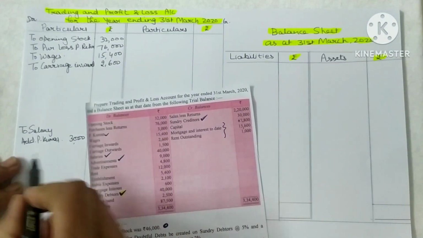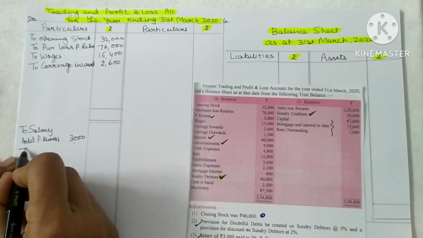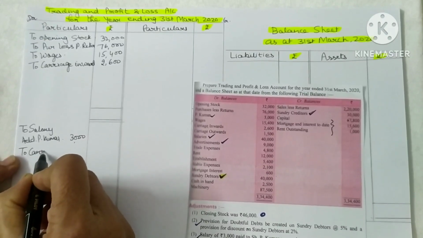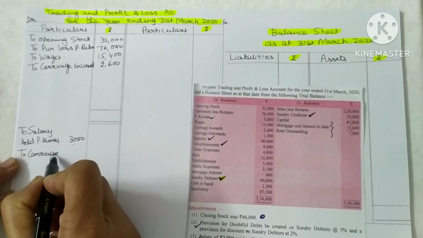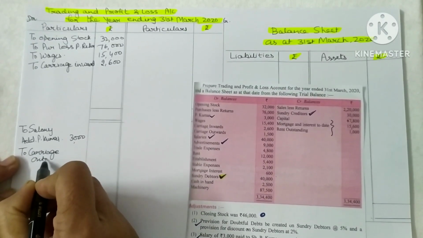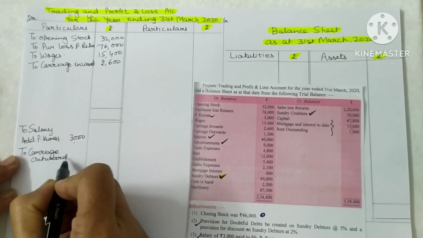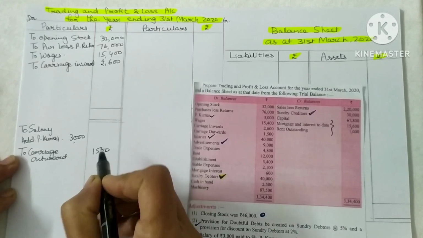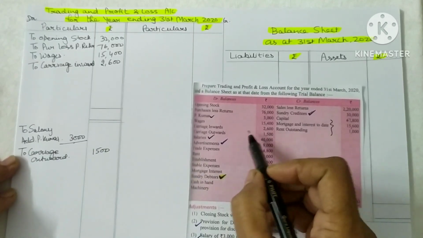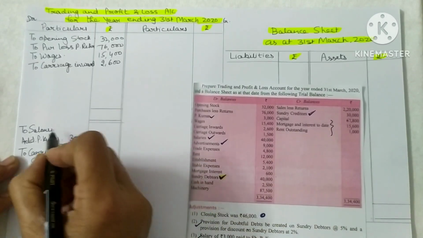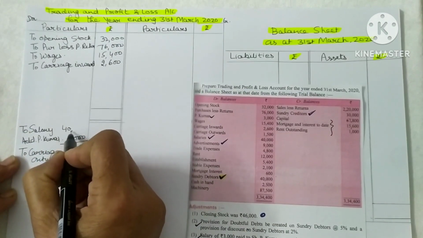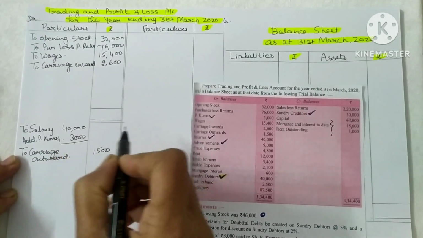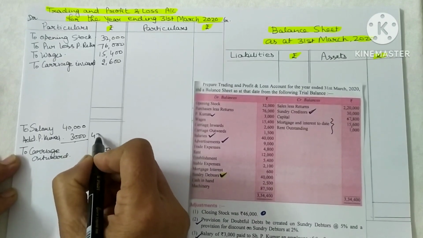Next, carriage outward is to be shown in the P&L account, 1,500. Then salary is 40,000. This comes to 43,000.